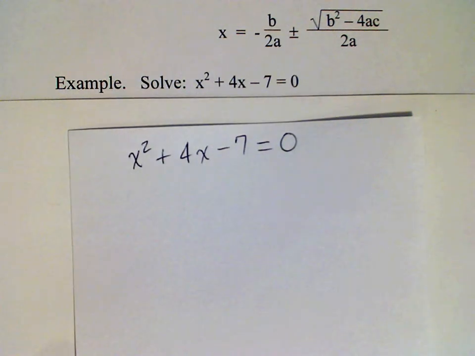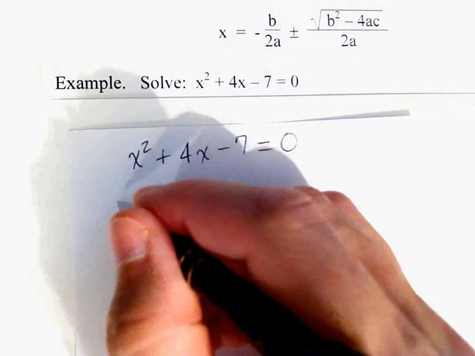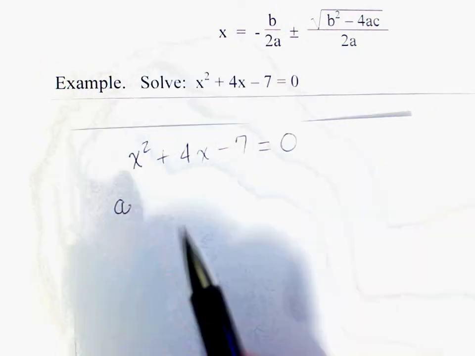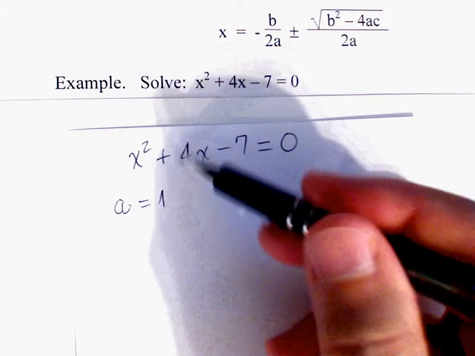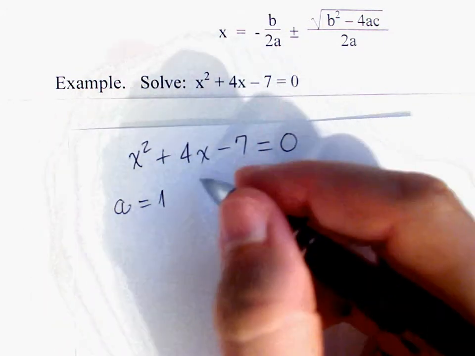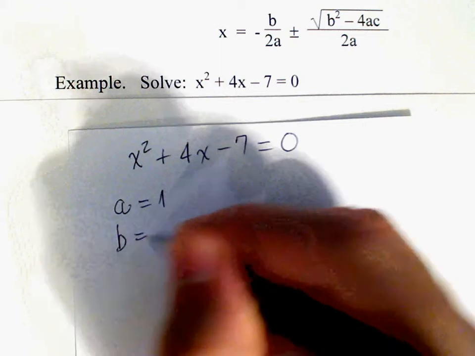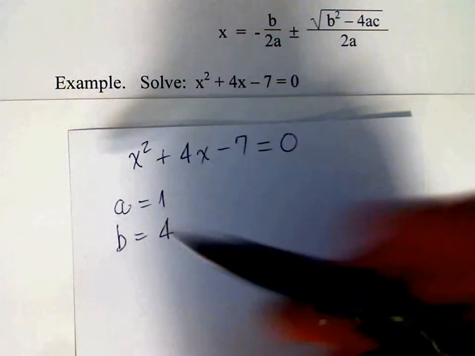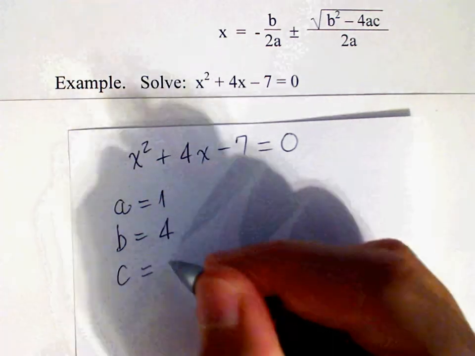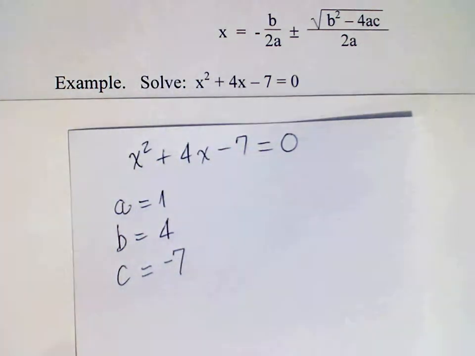So to solve using the quadratic formula, we first identify a, b, and c. a is the coefficient of x squared, in this case 1. b is the coefficient of x, in this case 4. And c is the number which stands by itself, in this case, -7.